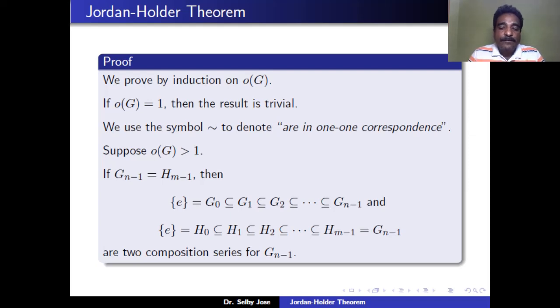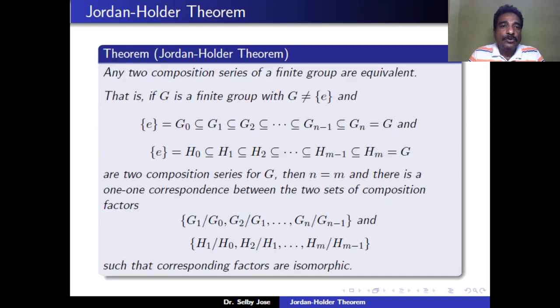Now we have two composition series, one in terms of G's and the other in terms of H's. In the first case we assume that the second last terms of both the series are the same. That means Gn-1 and Hm-1 are the same. That is our assumption. Therefore, up to this is a composition series of Gn-1 and up to this is a composition series of Hm-1.